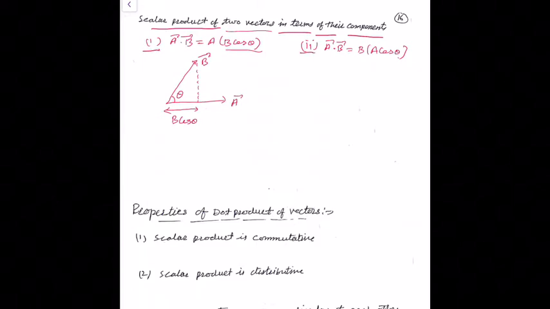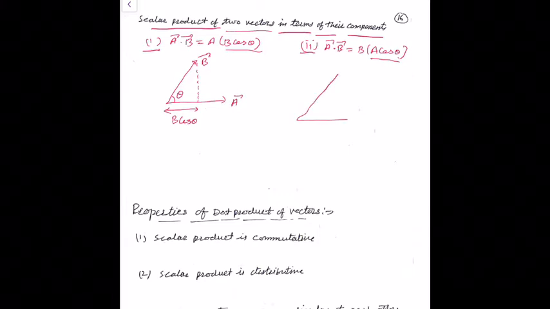In the second, A cos theta is the projection of vector A on vector B, or the component in the direction of B vector.